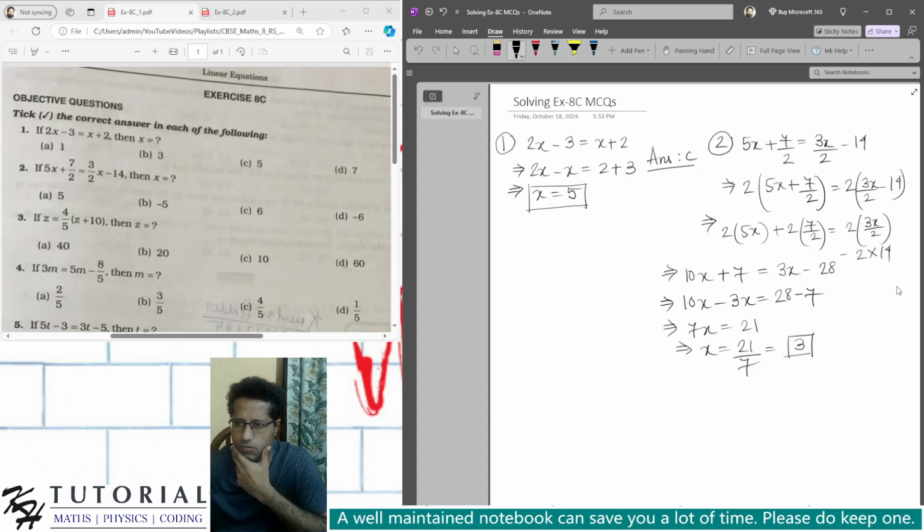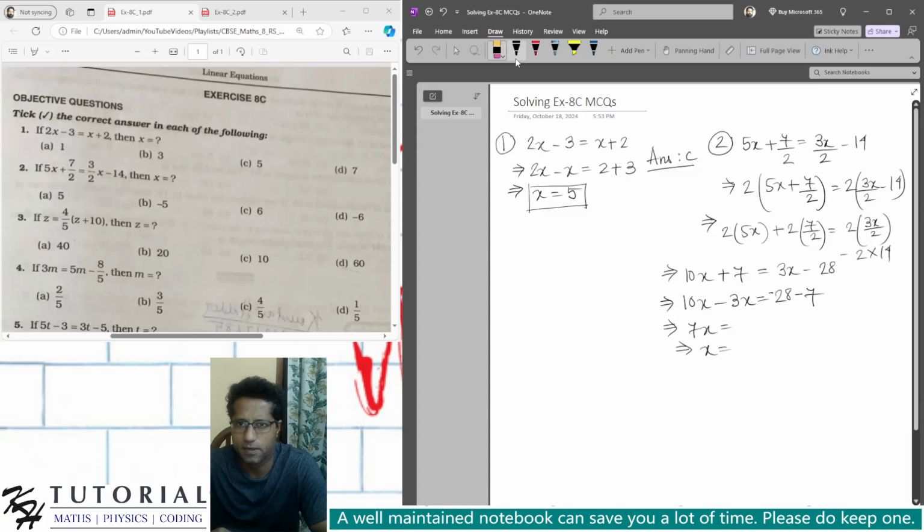Okay. Now we get 10x minus 3x is equal to minus 28 minus 7, and so this will be 7x is equal to minus 35, and x is equal to minus 35 by 7, which is equal to minus 5.